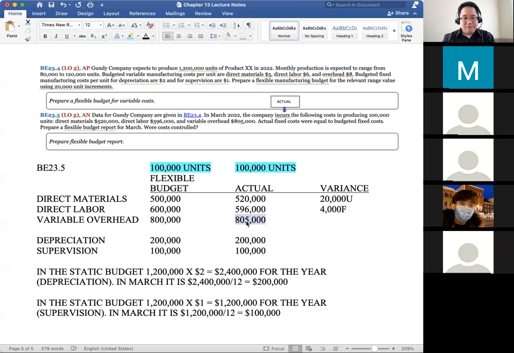Here I spent 805,000, but I only expected to spend 800,000. So that's 5,000 unfavorable. And then here there's no variance. Okay, good. Does anybody have any questions on how we did this problem?